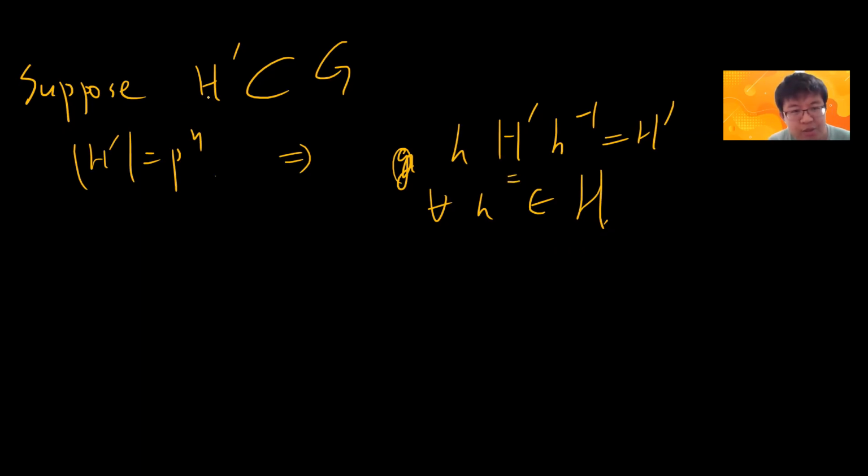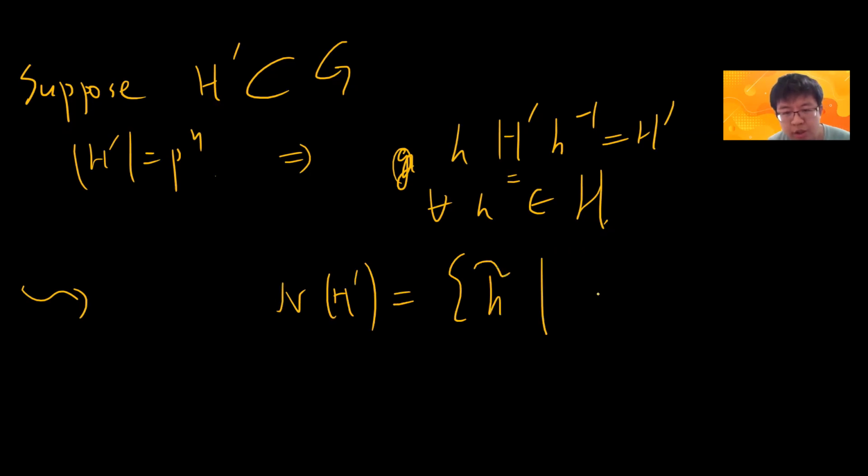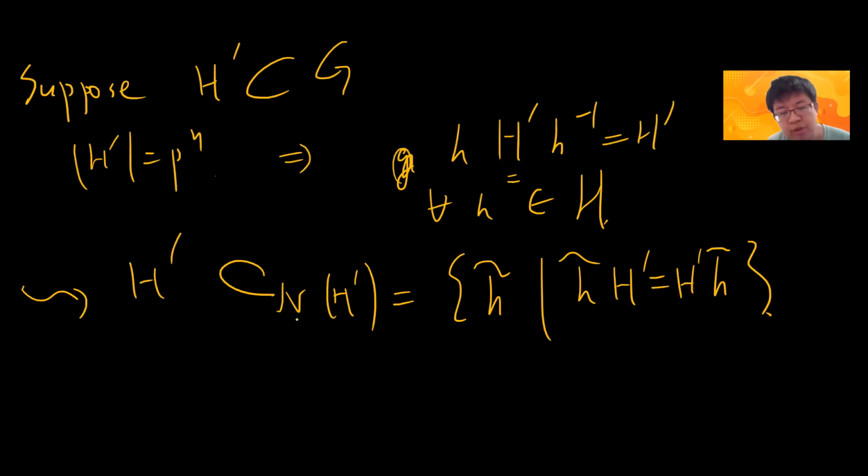G is also P to N times something, right? So now if you consider N of H prime, which is the set which normalizes H prime. H prime is definitely a normal subgroup of N of H prime, and N of H prime is also a subgroup of G, greater than H prime.